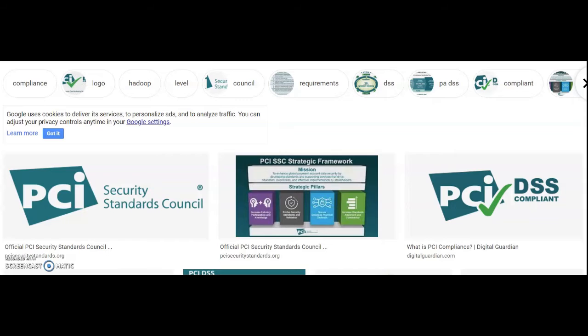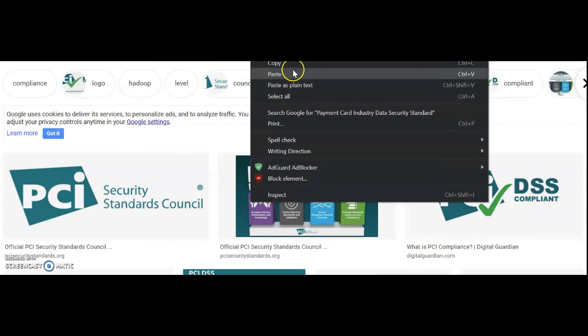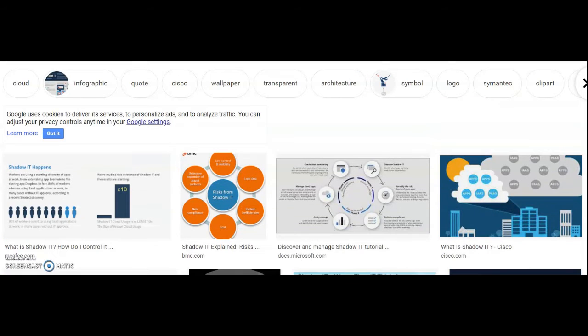Shadow IT. This is the use of systems, devices, software, applications, and services without explicit approval of an organization's internal IT department.